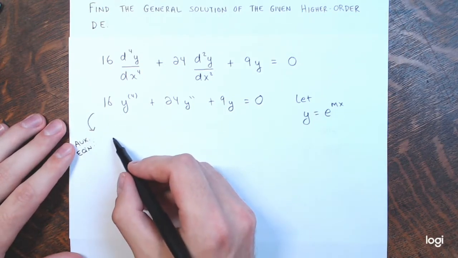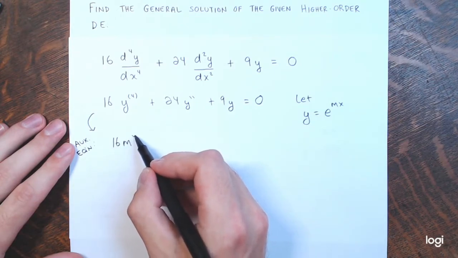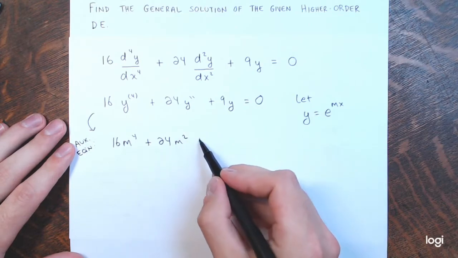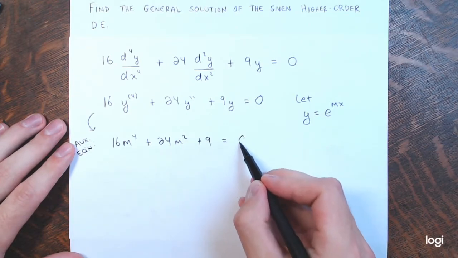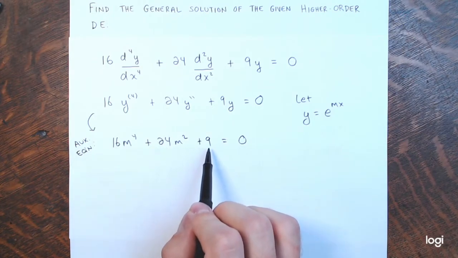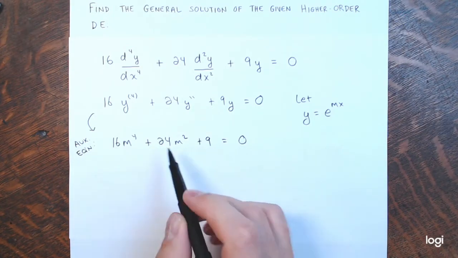Which in this case would be 16 m to the fourth plus 24 m squared plus 9 equals 0. And hopefully you can see it, this is one of them perfect square trinomials.